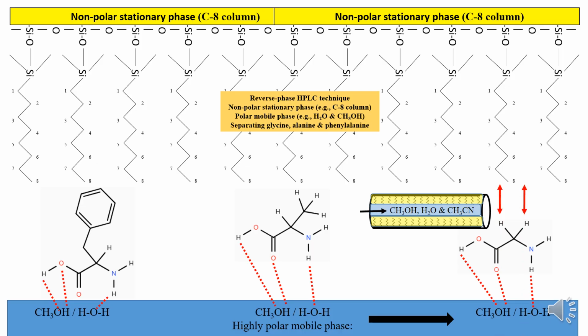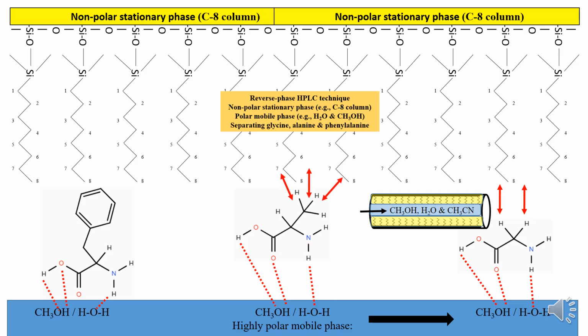But at the same time, they also interact with the non-polar stationary phase, the aliphatic hydrocarbon chain constituted by 8 carbons, by van der Waals interaction or attraction. So in case of glycine, you find the hydrogen side chain which weakly interacts.